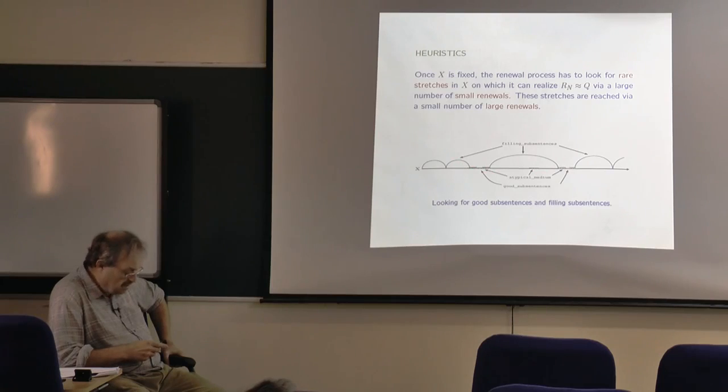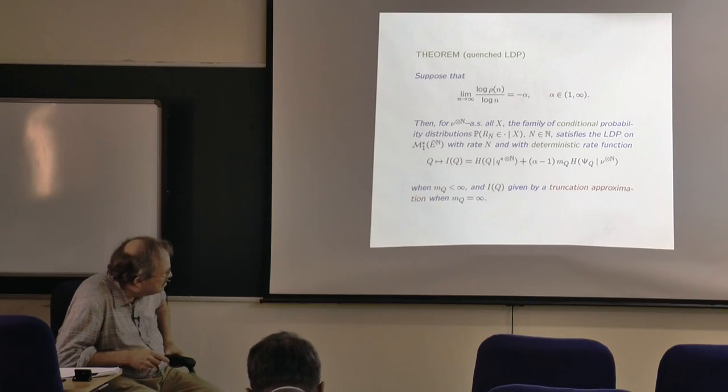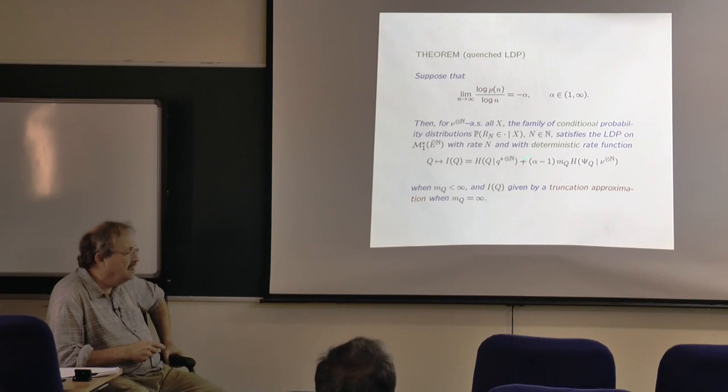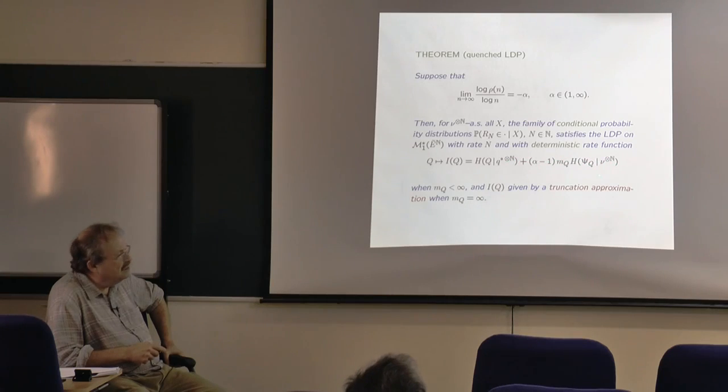and it's the cost that is captured by this object here, and that's also why this parameter alpha, which determines the cost, is appearing in here. So this is a part that I pay for doing large deviations on stretches that I found that cooperate with me, and this is the part that I have to pay to find these stretches.